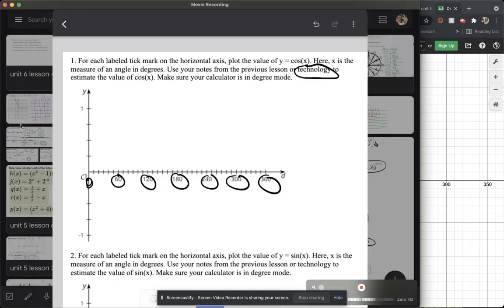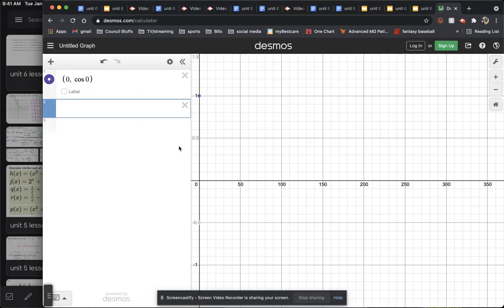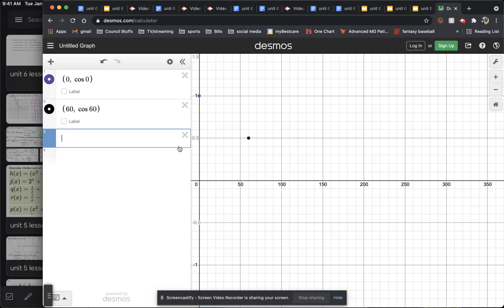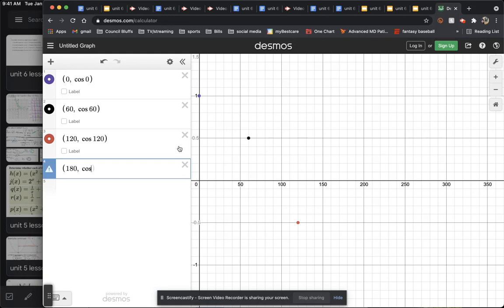Okay. The next tick mark is at 60. Looks like we go in 60-degree intervals. So the next is going to be 60, comma, cosine of 60. And there's your point there. The next point is going to be 120, cosine of 120. And then we have 180, cosine of 180.